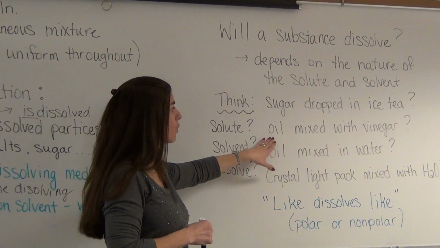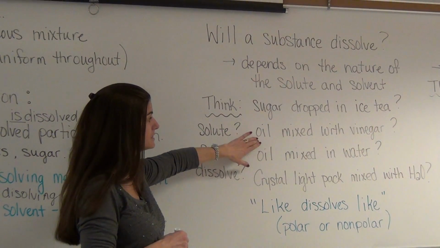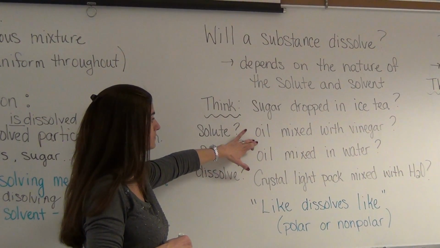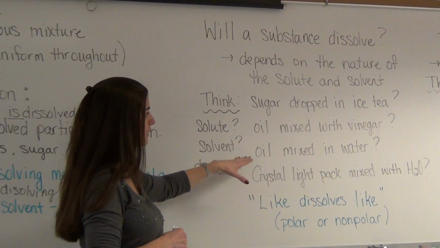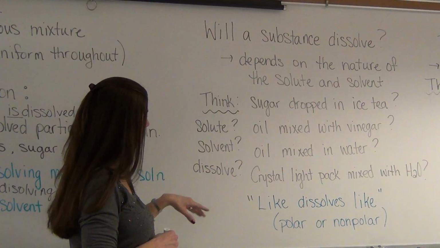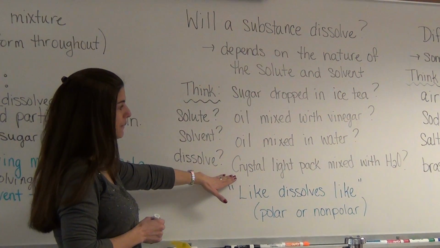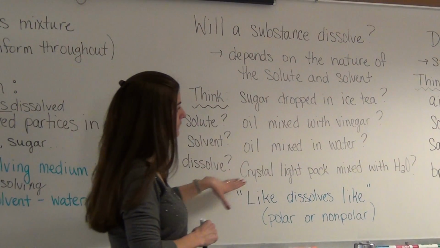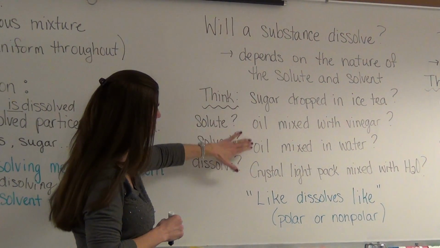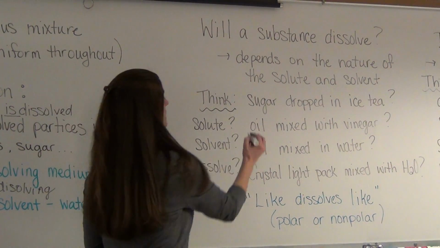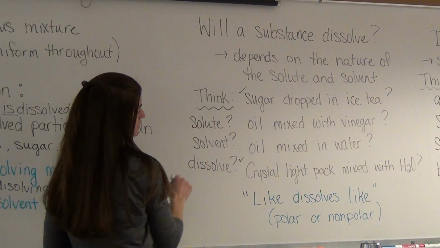What about if you mix oil with vinegar? Think of salad dressing. Does it dissolve? Oil mixed in water. Everyone's seen the little droplets of oil that sit on the top of water. So we can say, does it dissolve? No. Or a Crystal Light packet, the little packs, if you drop it in water, will it dissolve? So in each of these four cases, these two definitely do dissolve, and these two don't.